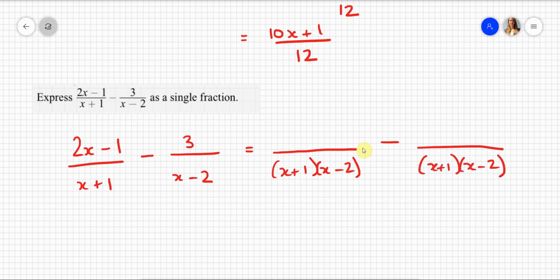That means we need to multiply this first fraction by x minus 2, both in the numerator and the denominator. We need to multiply this second fraction by x plus 1, both in the numerator and the denominator.